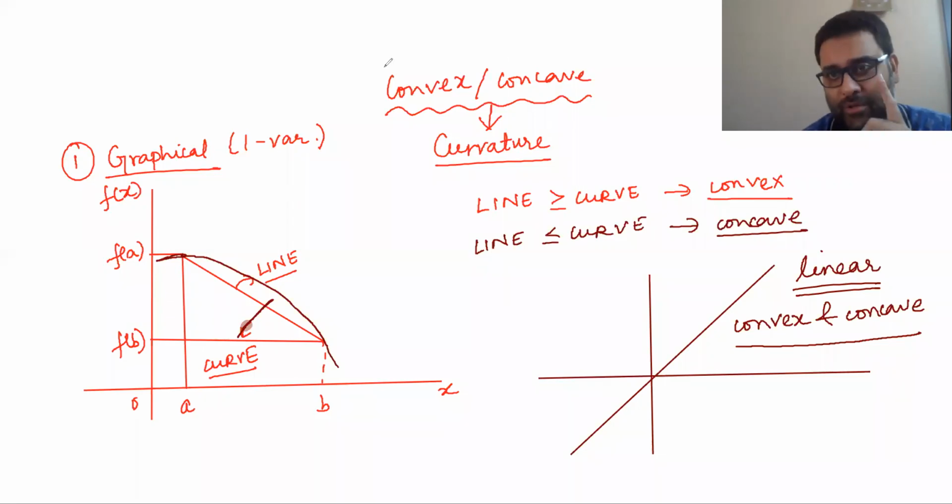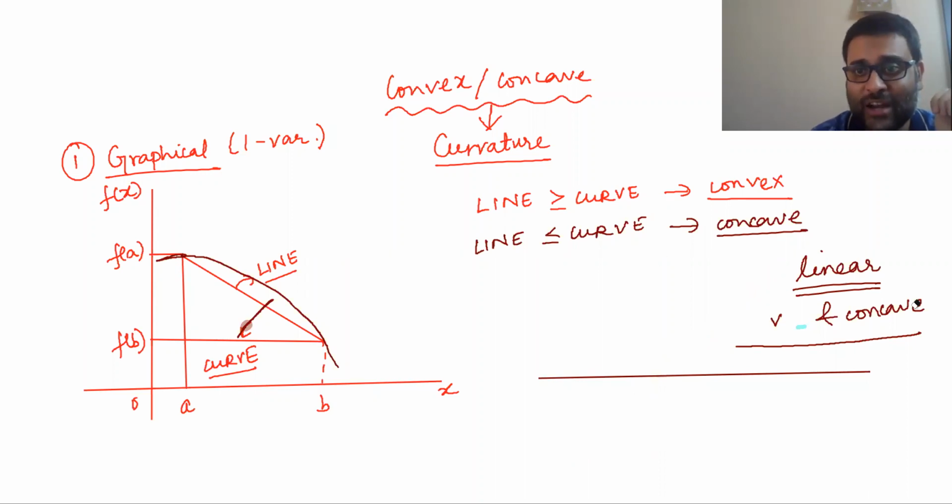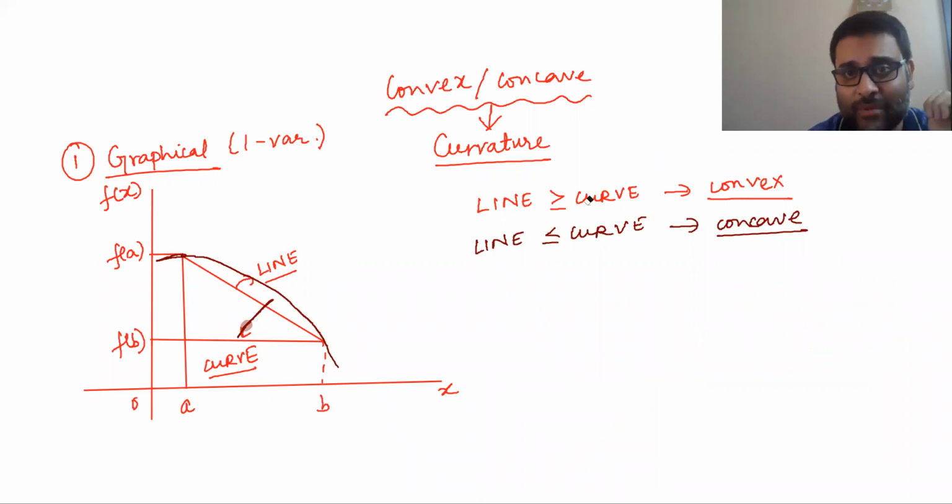There is another possibility, and that is a concept called strictly convex and strictly concave. Now, what is that concept? If I don't have this equality, if the line is strictly greater than the curve, it is called strictly convex.